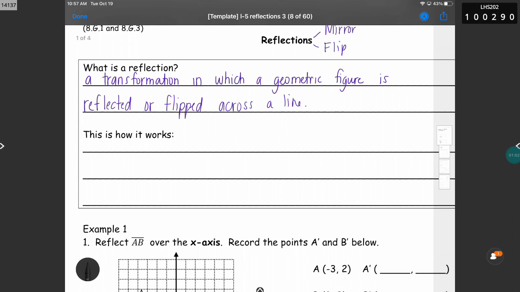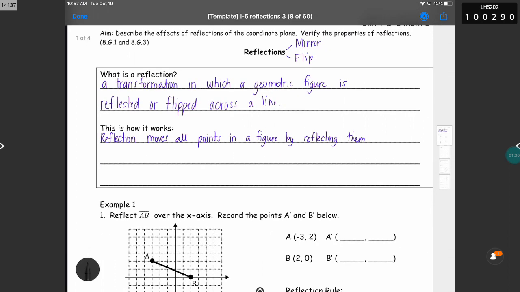A reflection moves all points in a figure by reflecting them across L as if L were a mirror.